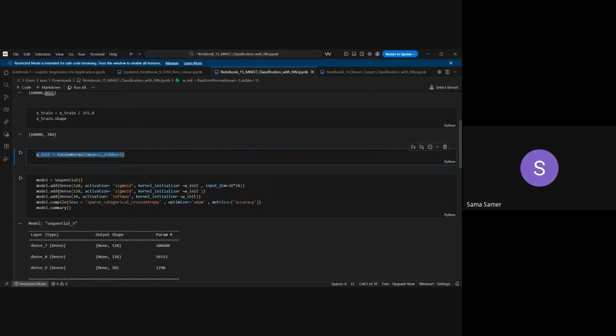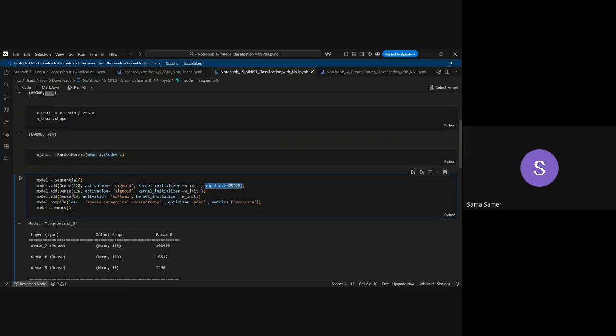Then we entered the sequential, then we used a dense layer of 128 neurons with a sigmoid activation function and the kernel initializer, which is W underscore initializer, the random weights that we have initialized, and an input dimension of 28 by 28.